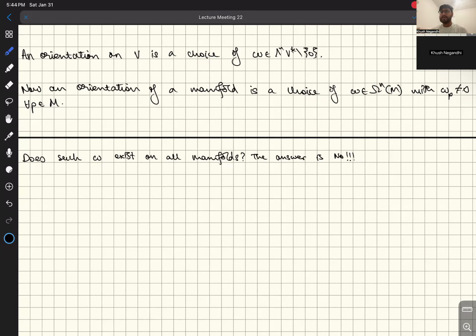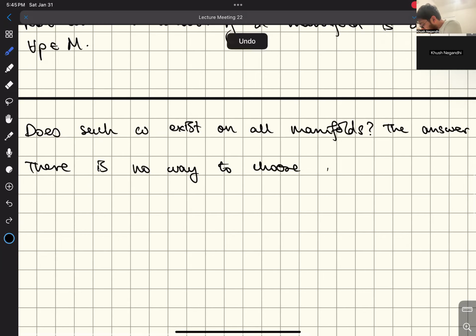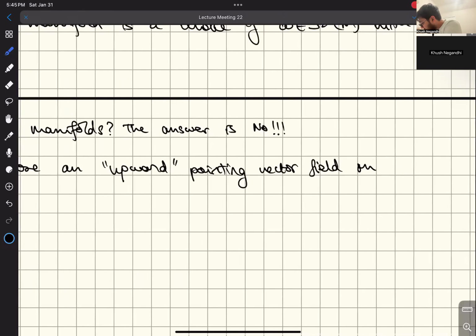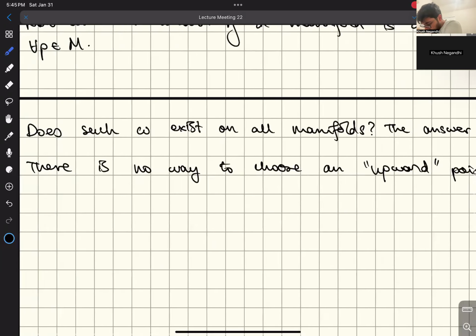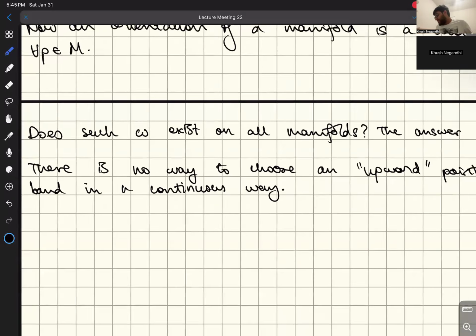And therefore, if you look at the Mobius band, for example, you cannot choose such an upward pointing vector field on the Mobius band in a continuous way. This is because if we go around the Mobius band once, what was pointing upwards is now pointing downwards. So there's no way to do this in a continuous way.